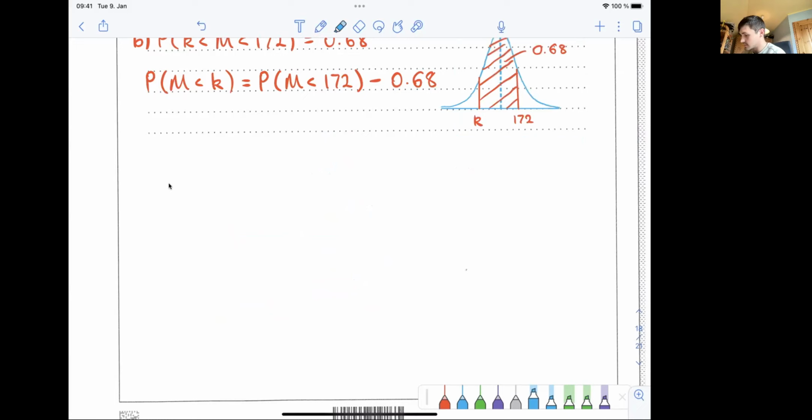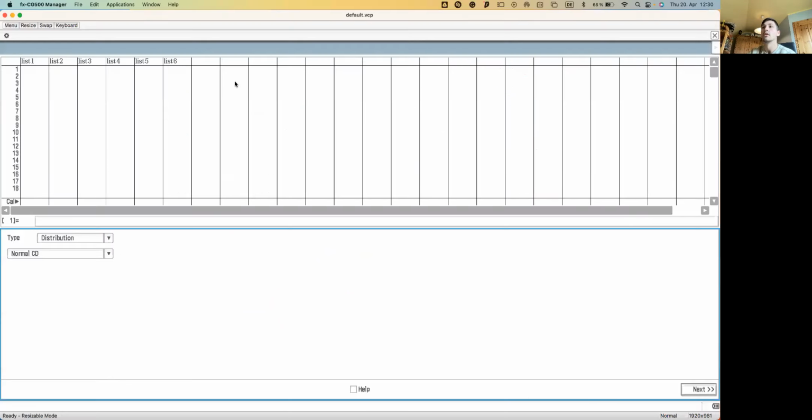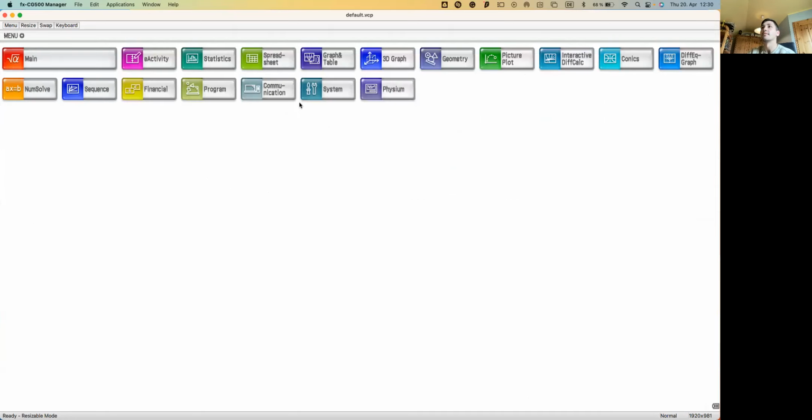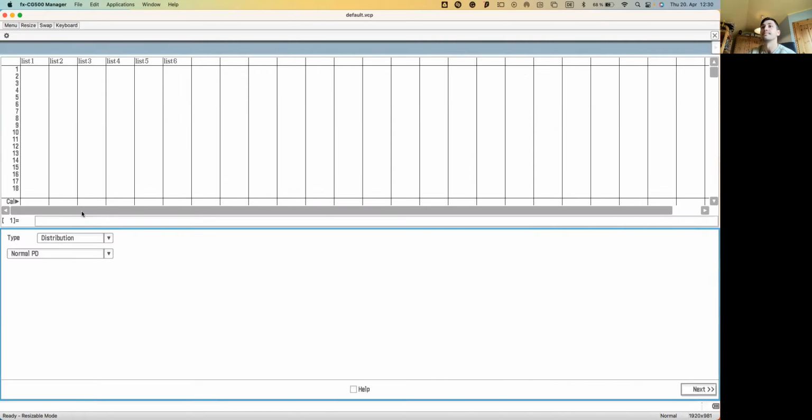So let's go back to our calculator, and we're going to find out the probability that a randomly selected apple is less than 172 grams. I'll do this again. With this one, we go to the statistics section, or I do. There will be other ways to do this. Then go to distribution.